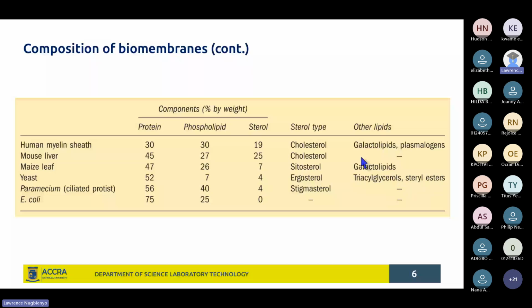You find these galactolipids in there. And we did see all these other ones, plasmalogens, triacylglycerols. I mean, these are storage forms of lipids. So all these lipids, we did look at them when we were doing intermediary metabolism last semester. So we will take a much closer look at, say, sterols in plants later.